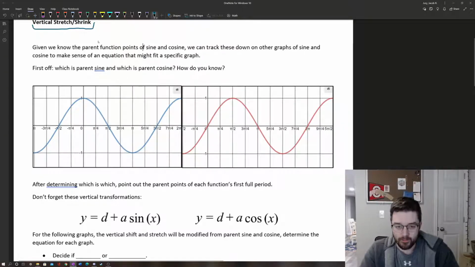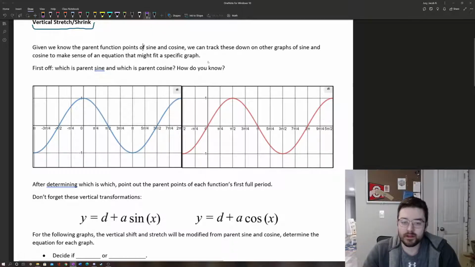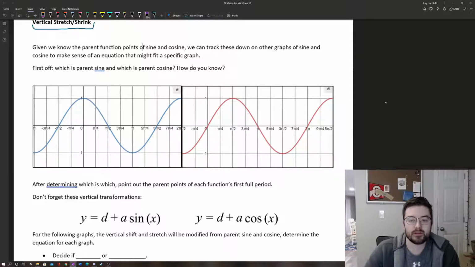So first of all, I'd like you to decide which one of these graphs is sine and which one is cosine. If you'd like to pause, take a little bit, and see which one you think is sine or cosine, then you can come back and I'll reveal that.